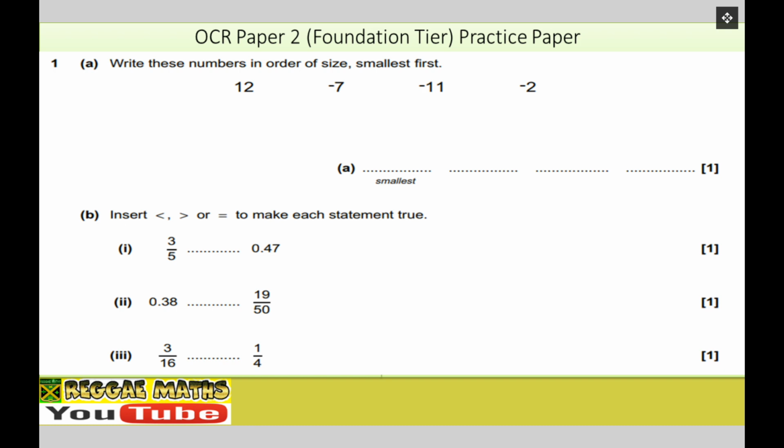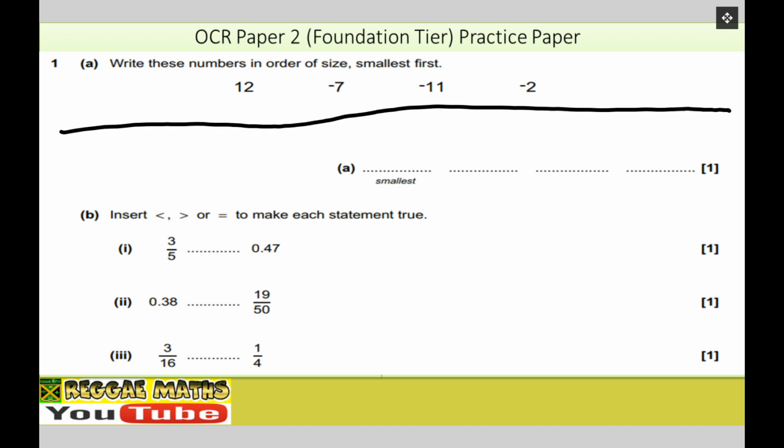Question 1 says, write these numbers in order of size, smallest to largest. So let's draw a basic number line. 0 goes in the center. To my right is 1, 2, 3, 4, 5, 6, 7, 8, 9, 10, and then 11, 12.